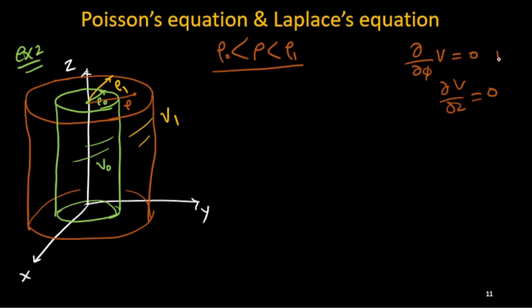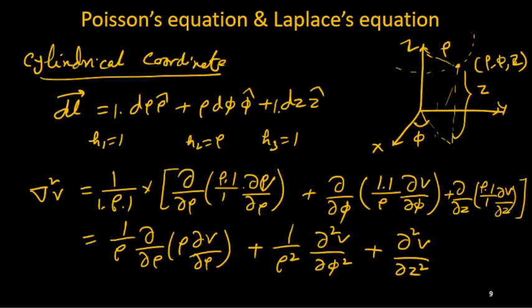So these two things we will consider, and only the first term remains in the Laplace equation: 1 upon rho, ∂/∂rho of rho times ∂V/∂rho. The other terms are already 0 because of symmetry.